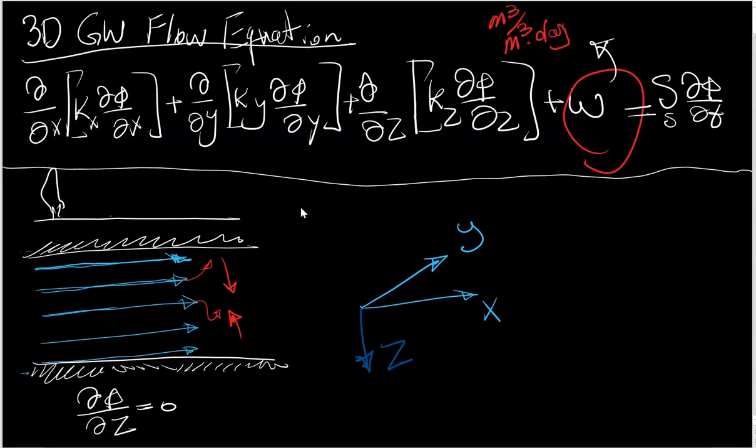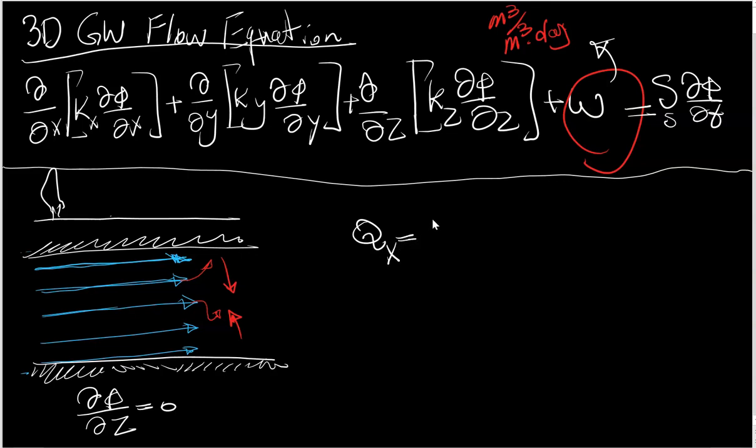Okay, so technically you can go and measure the flow rate, for example the q in the x direction, using this formula. We already talked about this.